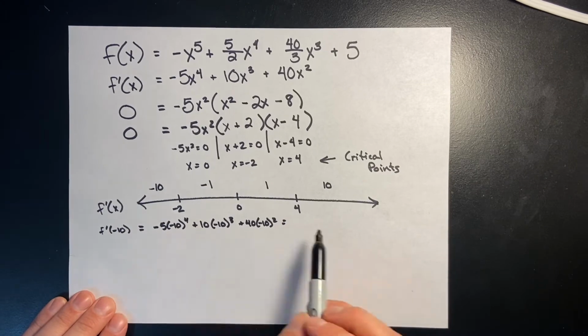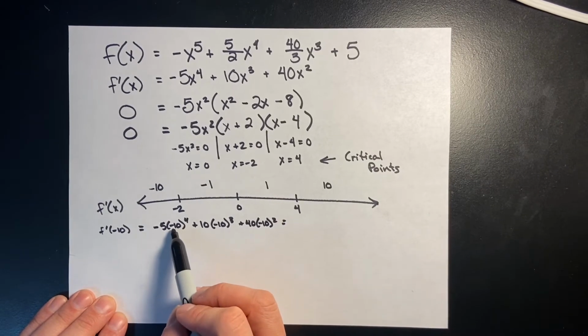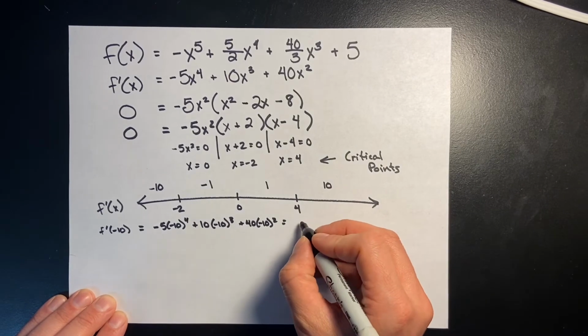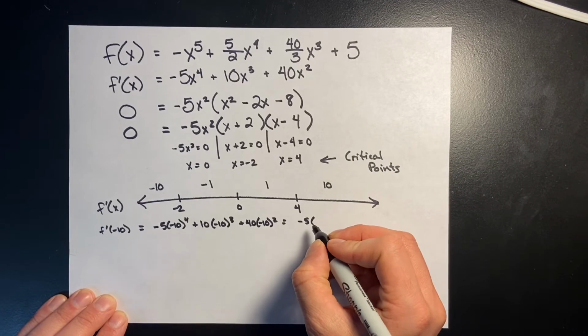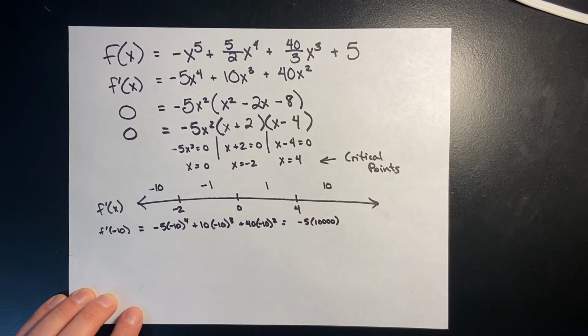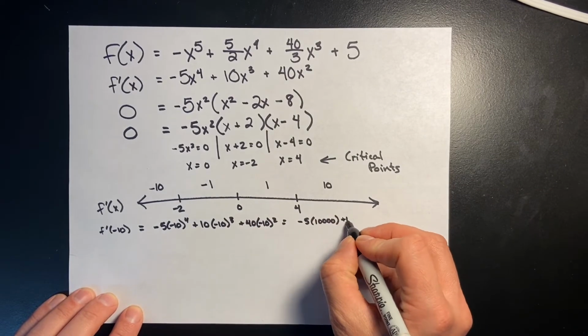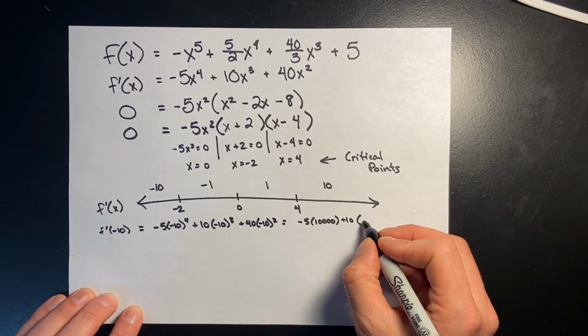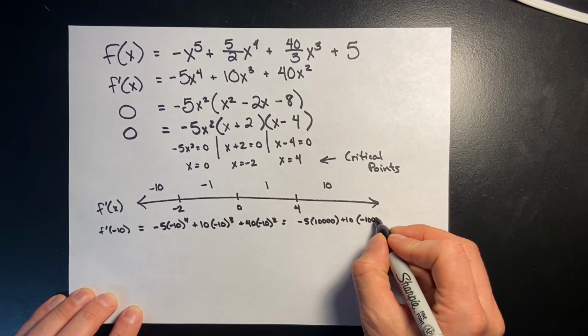So if I do that, I get -10 to the 4th, which is positive. -5 times positive 10,000. Could have probably picked a better number, but oh well. Plus 10 times -10 to the 3rd, which is going to be -1,000.